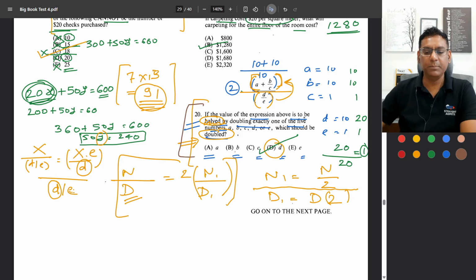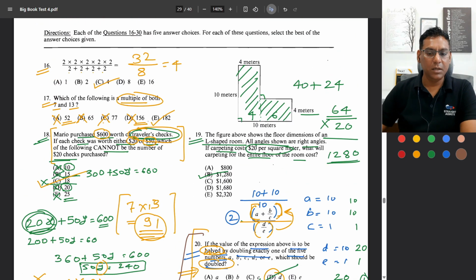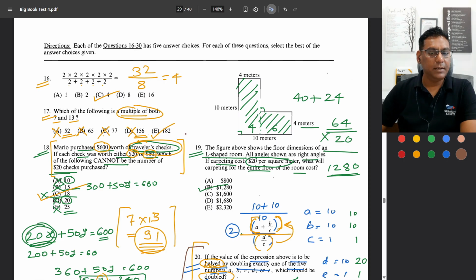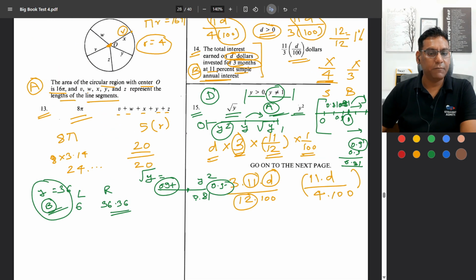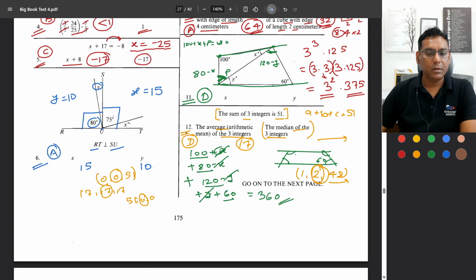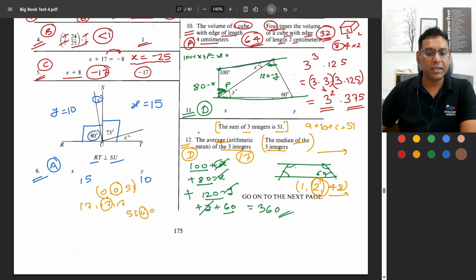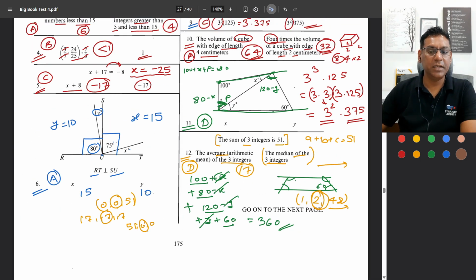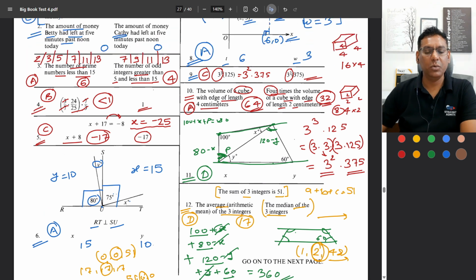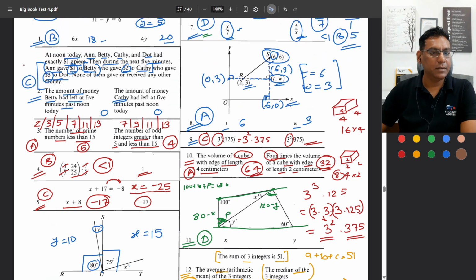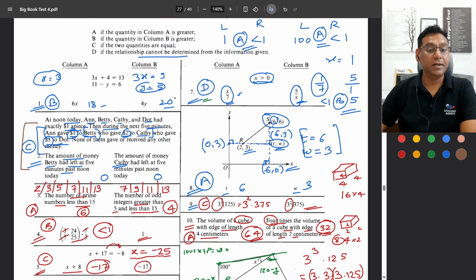You could do it with plugging values, but logical way was easier. Then I think these were very straightforward. We saw a couple of answer choices D, so that we had to verify, right? And like I mentioned in the beginning, this particular question seemed to be a little interesting in terms of the mechanics of how the money is flowing.